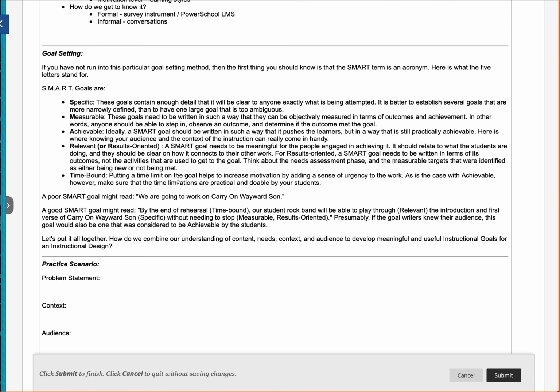I use it myself for a lot of things. I teach it to all of my students. My rock band students, every day when they come in, determine what that rehearsal is going to be about by setting a couple of SMART goals. It's a framework that's easy to grasp, but in the end delivers really high quality goals.